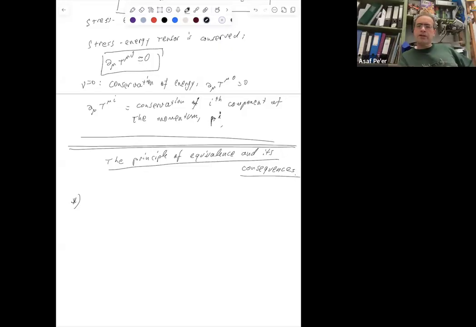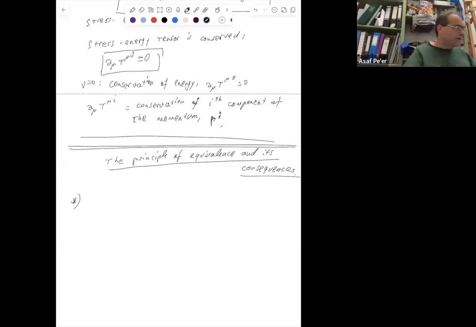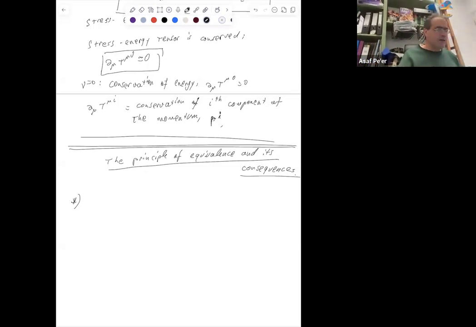Namely, that the space-time is not flat, is not Euclidean, and not even Minkowskian, but is curved somehow. We still need to fully understand what it means to be curved, how we describe curved spaces, and of course, how all that is related to physics, which it is. And the answer to that essentially is given by Einstein.